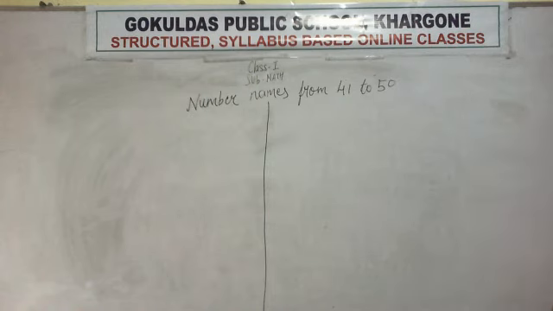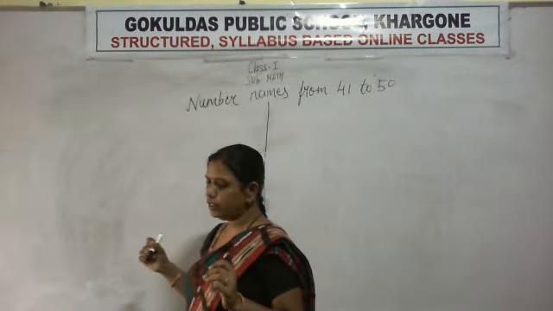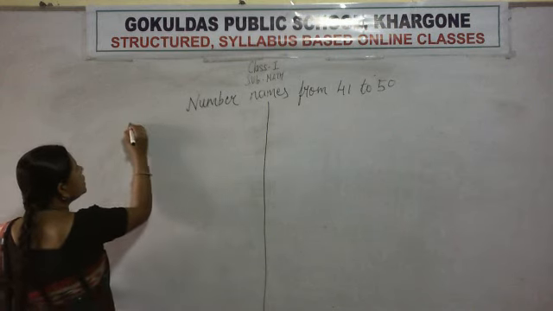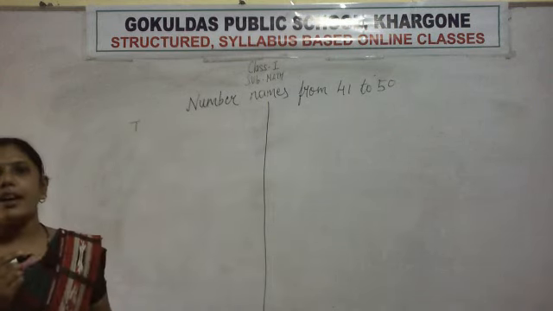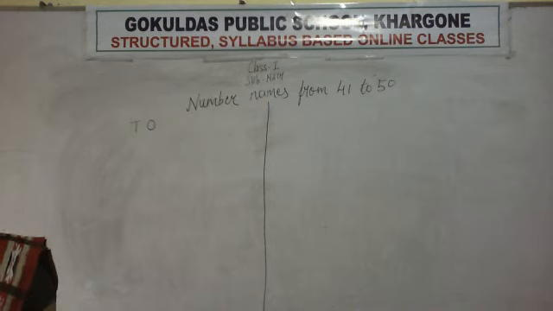First all of you write the heading first. Now write in one box T, and T stands for tens, and in one box write O, and O stands for ones. Okay. Now what is our first number?